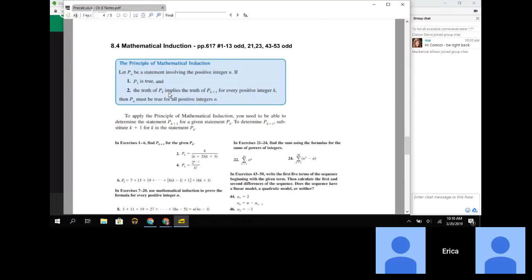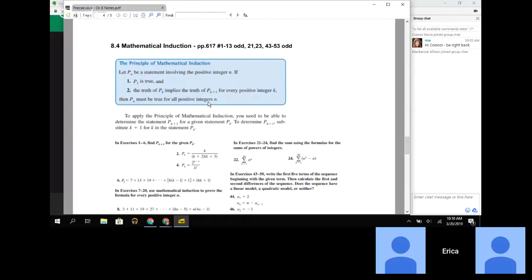Because you're able to verify that this pattern is working, then we can assume that it's true for all the positive integers in that sequence. Okay, so it's kind of proofish, a little geometry. I mean, you're not doing geometry, but it's like that idea of wanting to prove that it's true. If that makes sense.